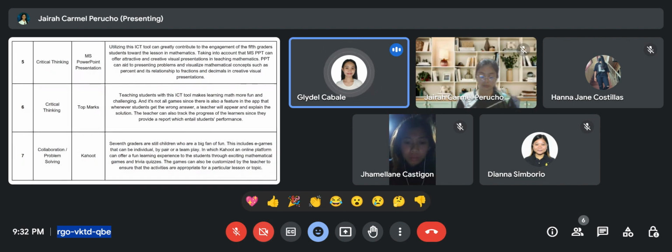The teacher can also track the progress of the learners, since they provide a report which entails students' performance. So you see, Topmarks might not be that popular, but it is a very effective tool to aid the instruction of the teachers.